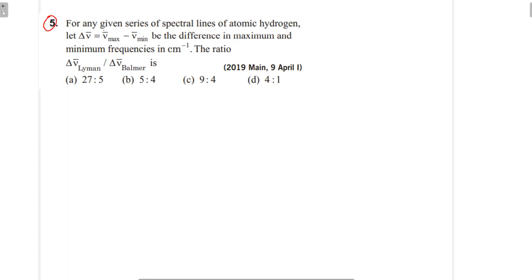Next, for any given series of spectral lines of atomic hydrogen, let delta nu bar equal nu bar maximum minus nu bar minimum be the difference in maximum and minimum frequencies in centimeter, the ratio nu bar Lyman upon nu bar Balmer.